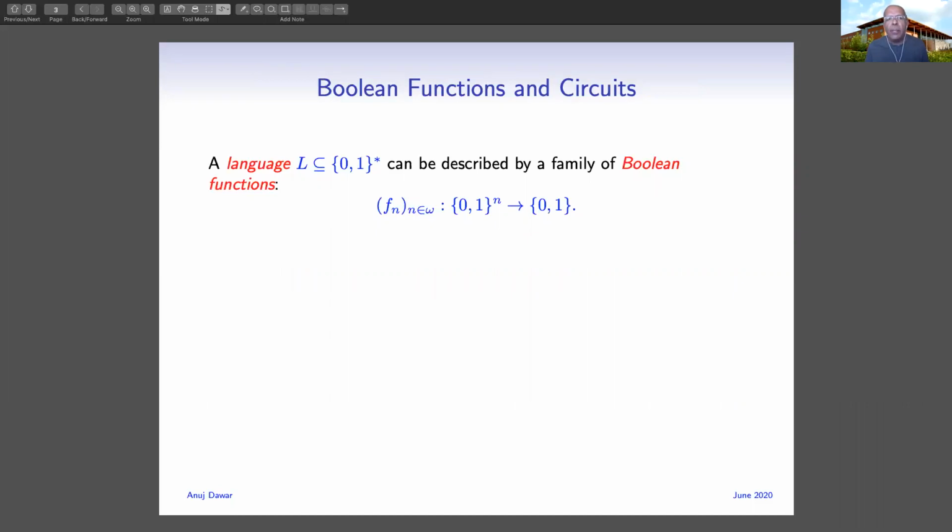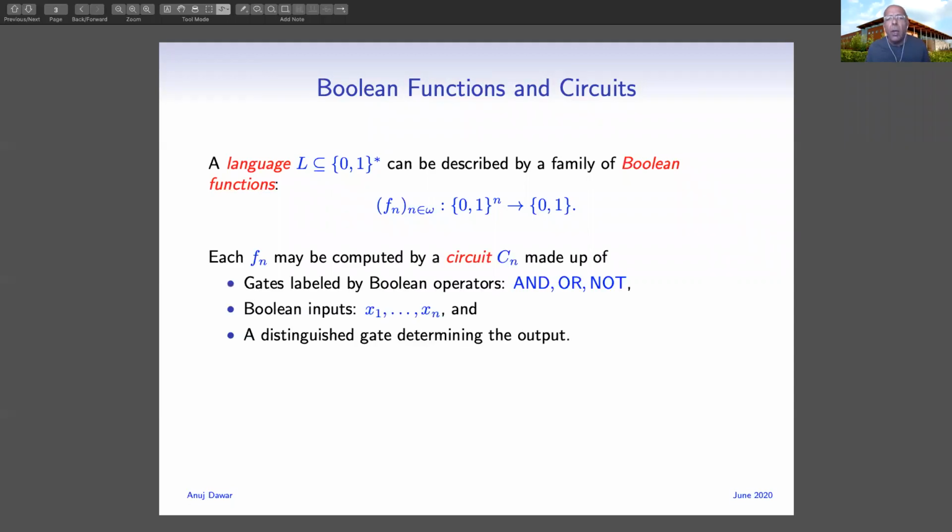Now, a language is a set of strings over the alphabet 0, 1. So one view is to slice it up according to the length of the string and look at, for each length n, the function which takes strings of length n and gives you an answer yes or no, which we think of as 0 or 1. So each of these is now a finite Boolean function.